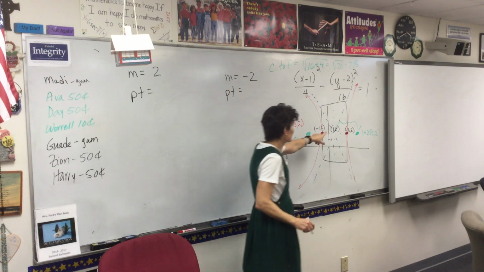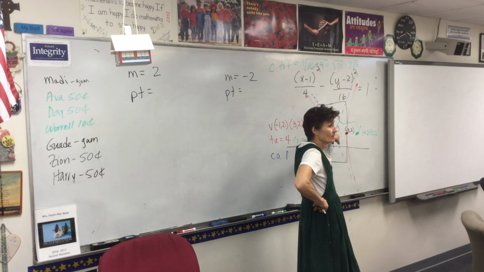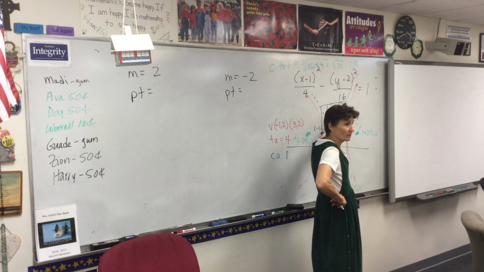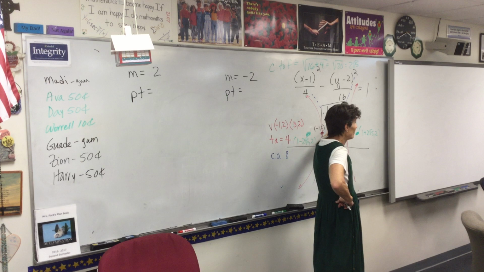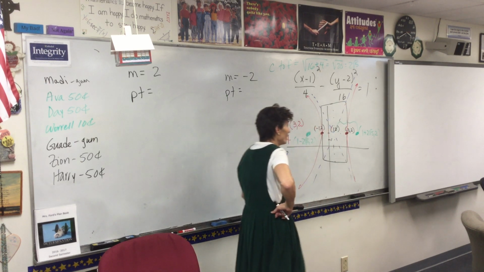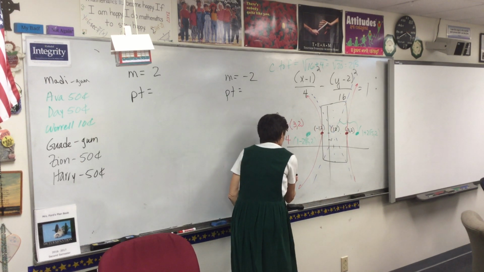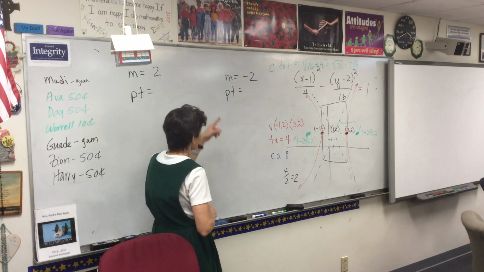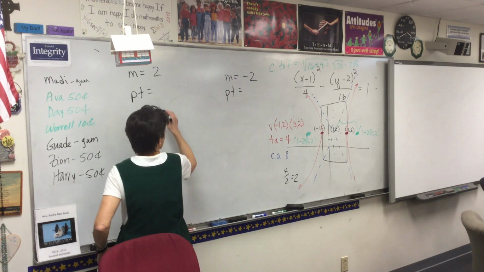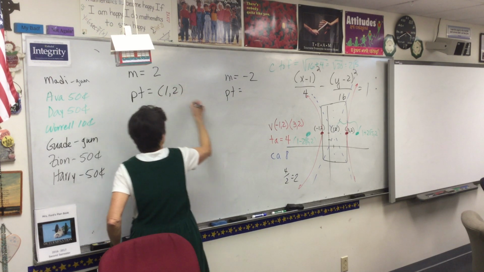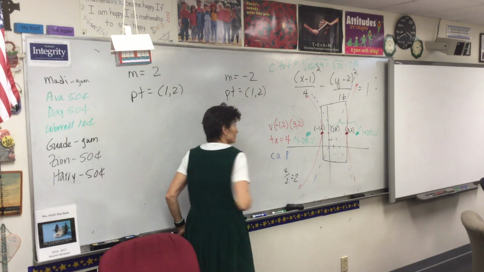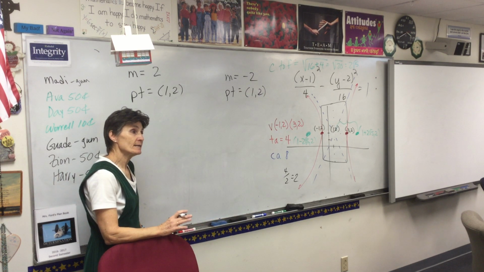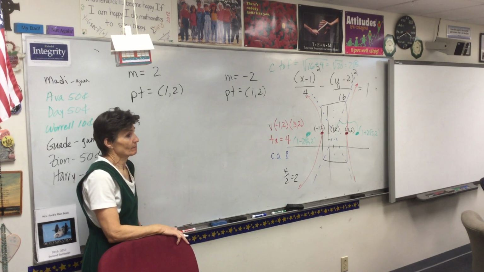All right, let's make sure everybody's got that. Right here's the center. I counted up 4 and over 2 when I built this box. So up 4 over 2 is a slope of 4 over 2, which is 2. Now what point am I going to use when I write my equation? The center, which is 1, 2. Now you're going to write your line however you like to do it.